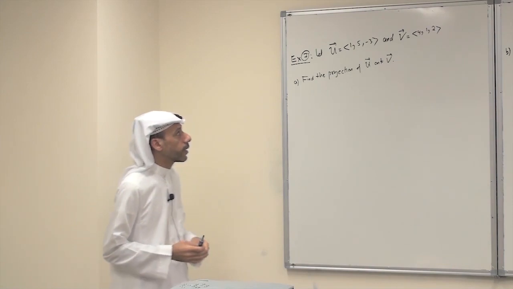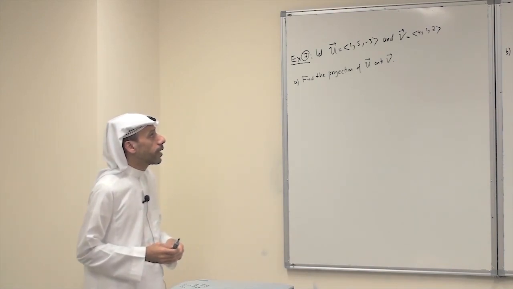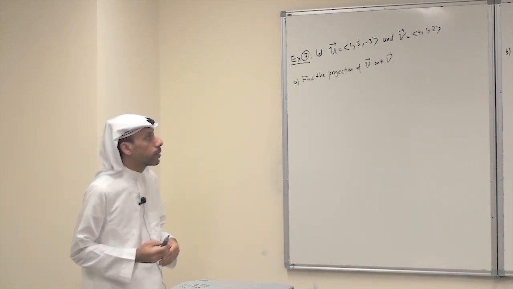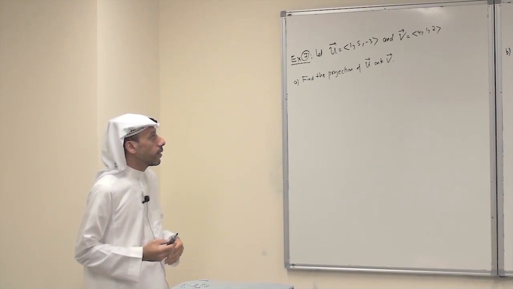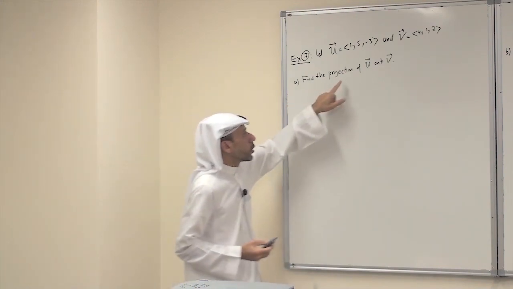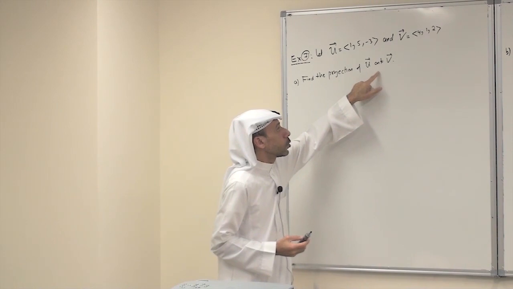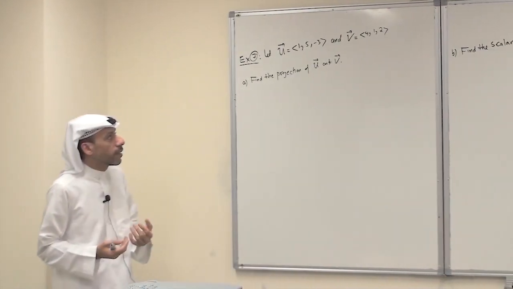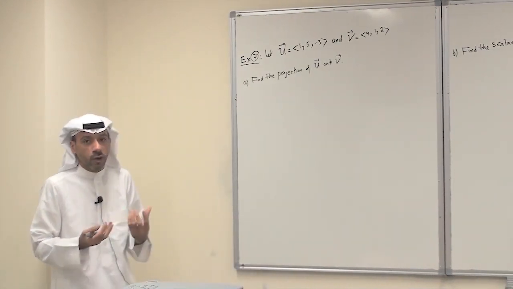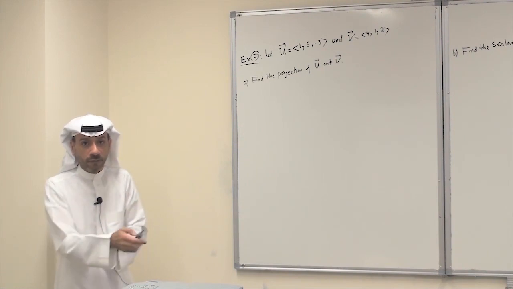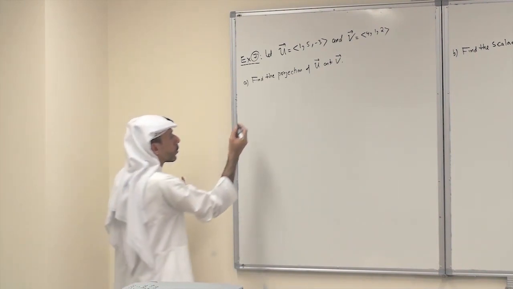Consider now the following example. Let U and V be the given vectors in 3-space. The first part: find the projection of the vector U onto the vector V. Here we need to apply the formula directly, so we have to memorize the formula.